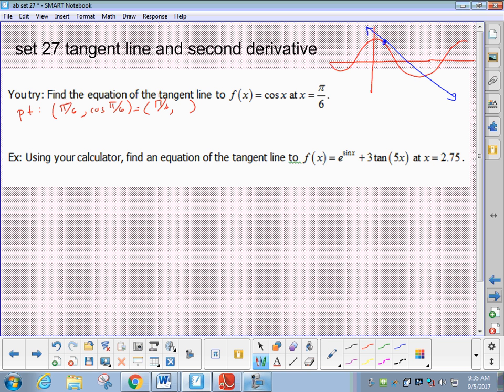Please leave it ugly. It should have pies in it. It should have roots in it. It should be ugly.